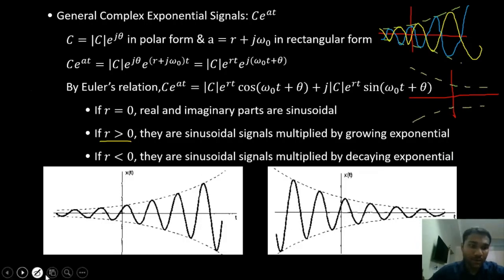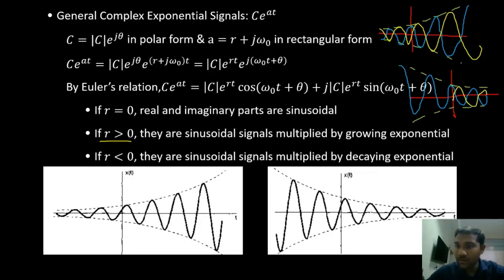Now my real part is a decaying exponential multiplied with a cos signal. And the imaginary part is a decaying exponential multiplied with a sine signal. Right? So it's multiplied with a sine signal.